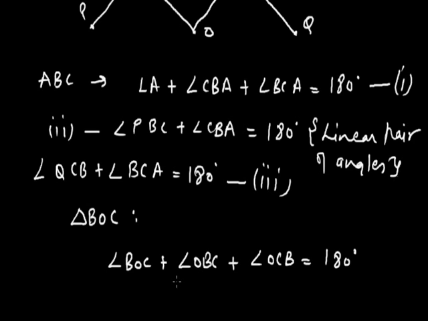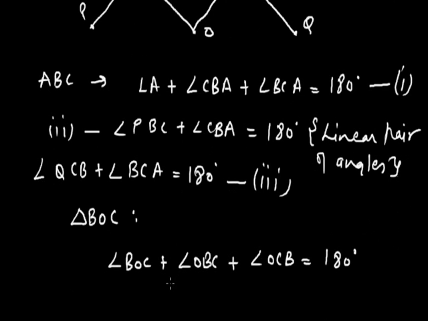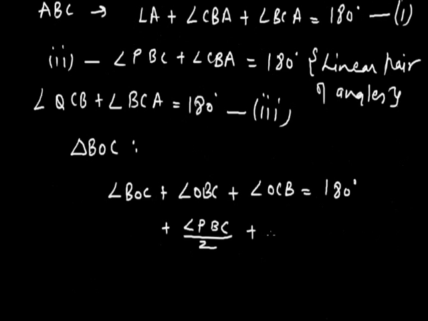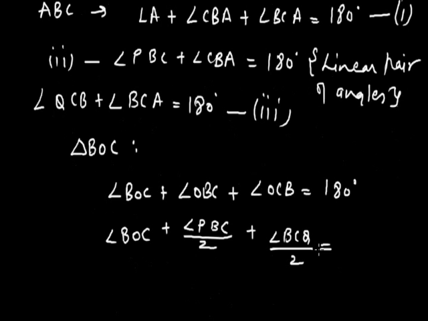Now I know that angle OBC and angle OCB are half of the exterior angles B and C respectively. So I can write angle OBC as angle PBC divided by 2 and angle OCB as angle BCQ divided by 2, and angle BOC as it is. So the angle sum property for triangle BOC reduces to angle BOC plus angle PBC divided by 2 plus angle BCQ divided by 2 is equal to 180 degrees.